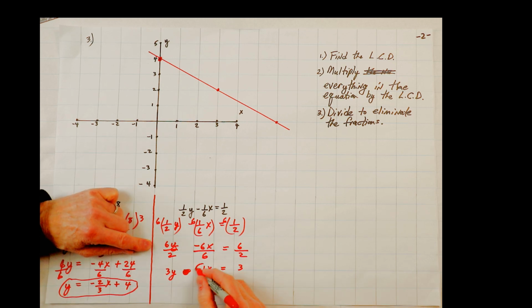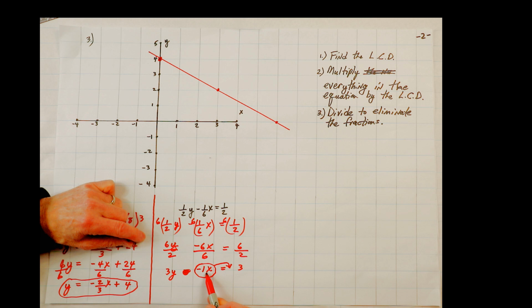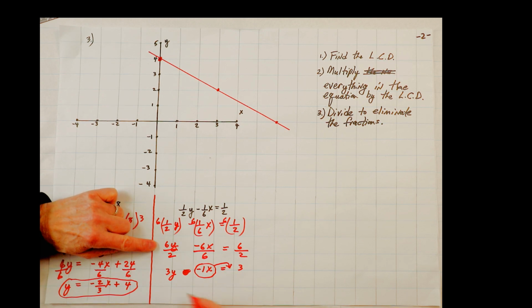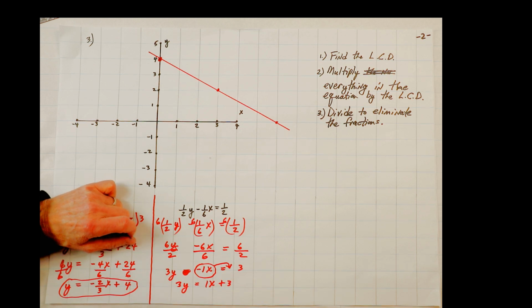So we have to take this negative 1x and move it over here. And for opposite operation, we would have to add x, right? Add 1x. So 3y equals 1x, or x, plus 3. I'll put the 1 there because we have to divide by 3 anyway.